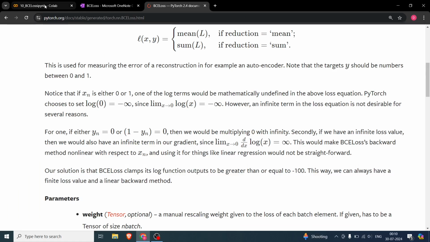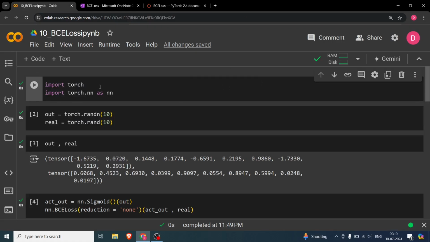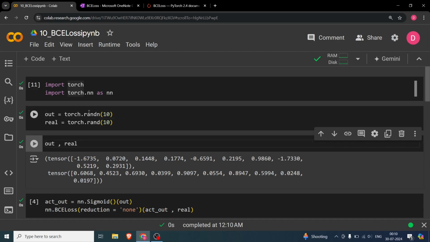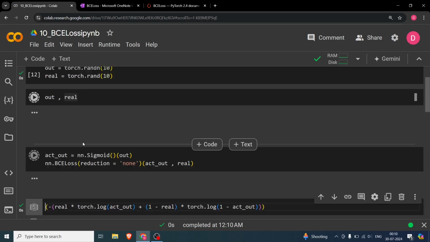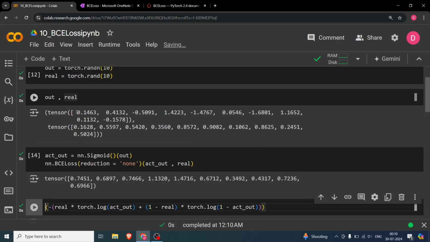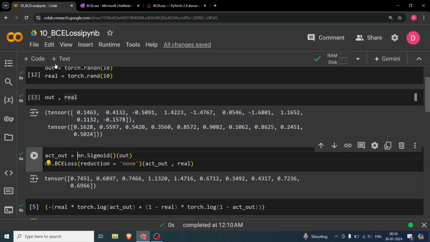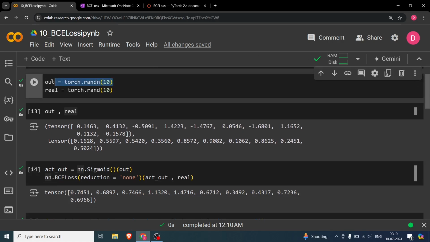Okay, now let's go back to some code. So this is the implementation of BCELoss. This is simple torch initialization of packages. Then you have two vectors over here, out and real. So you can see this is the vector that we have. Obviously, out is the output of the neural network.